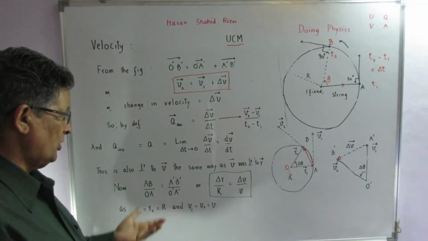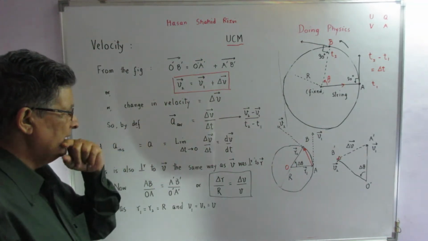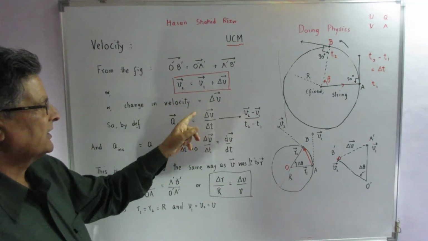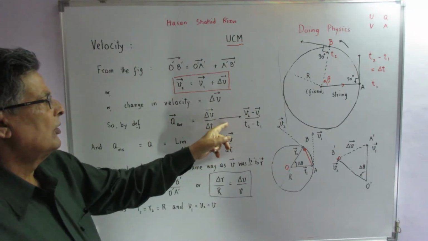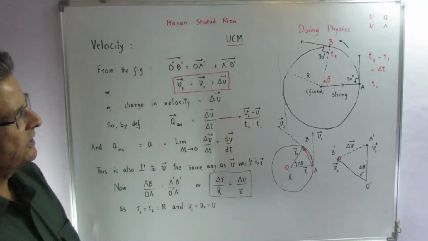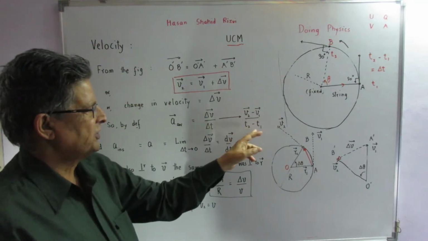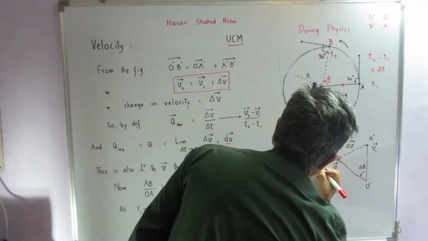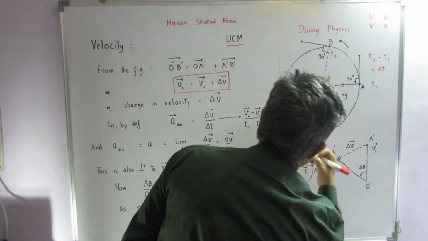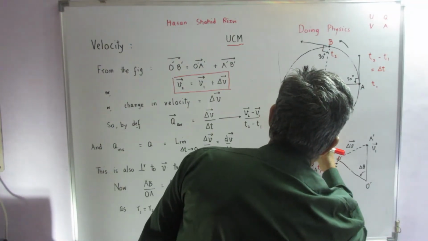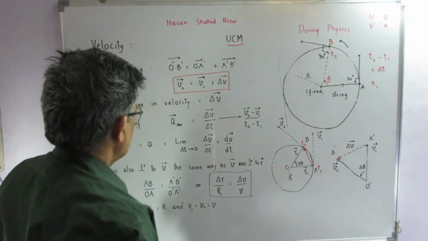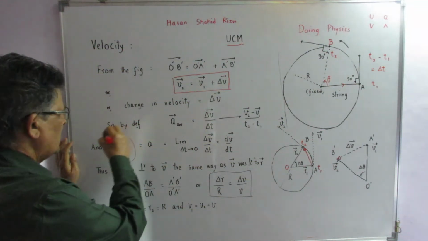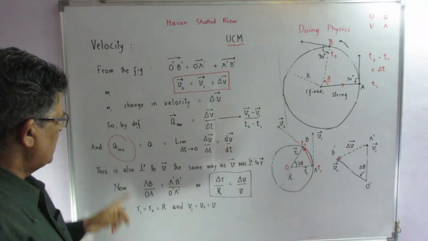Now by definition we know that the average acceleration is defined as delta v upon delta t, which is equal to v2 minus v1 upon t2 minus t1, where these corresponding times we take as t1 and t2 respectively. This is the average acceleration.